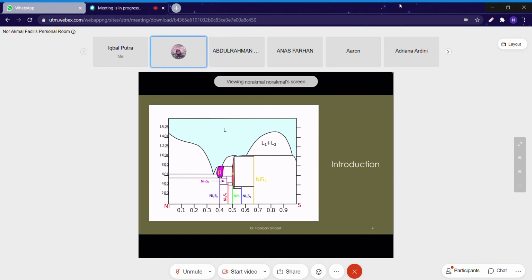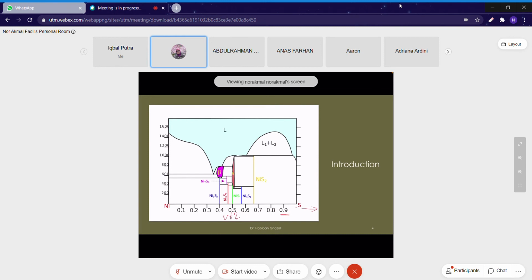If you look at this diagram, it contains sulfur up until 0.9, meaning that you add more sulfur inside. Remember, it is weight percentage. So the weight of sulfur compared to nickel is of course very low.